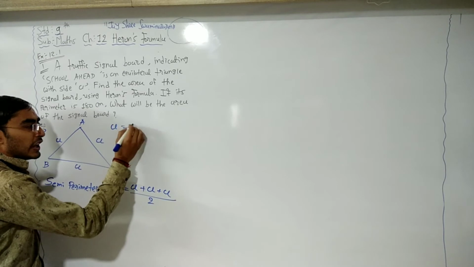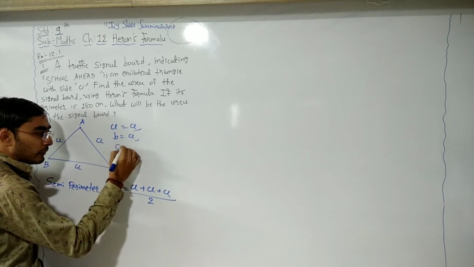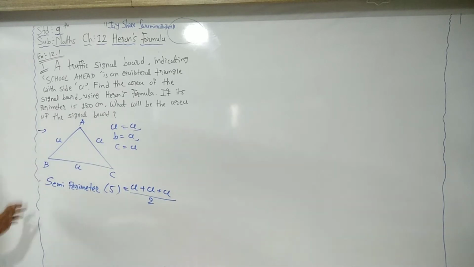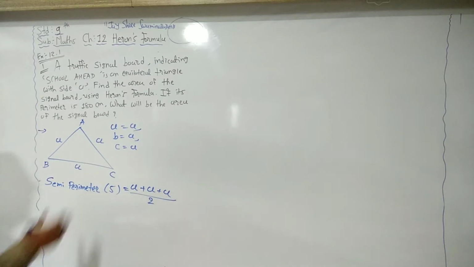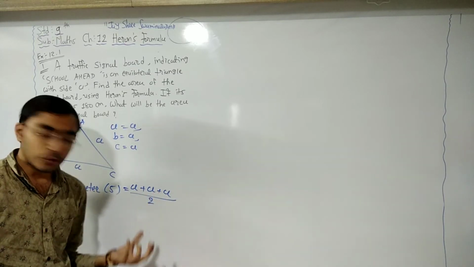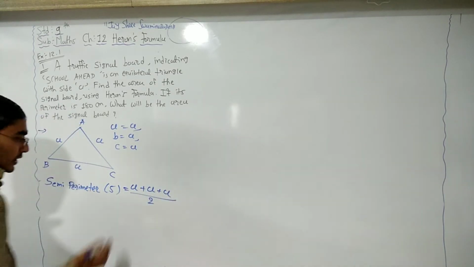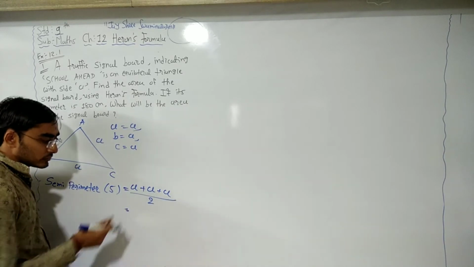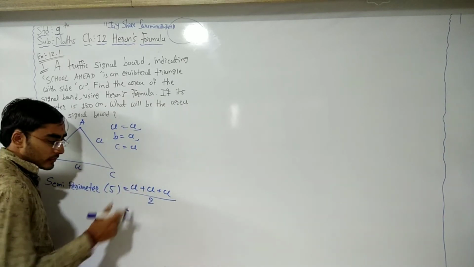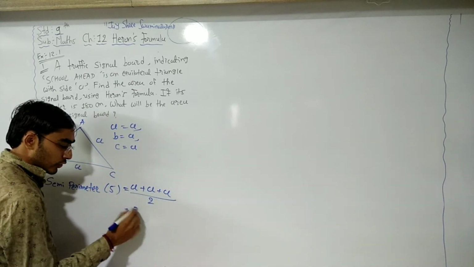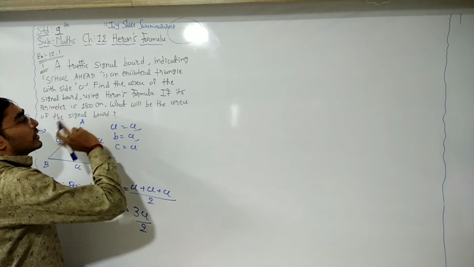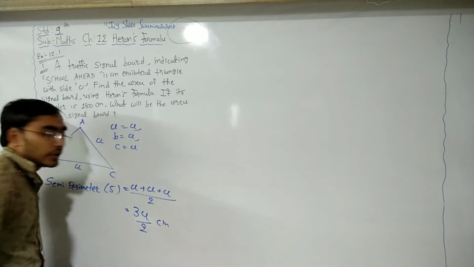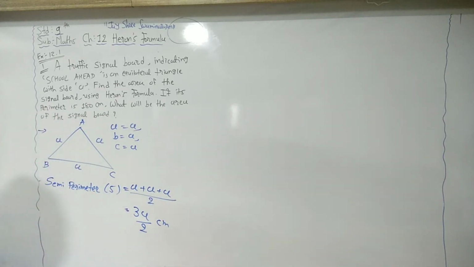Here the value of a is a, b is also a, and c is also a, because all sides are the same in an equilateral triangle. So the formula a plus b plus c by 2 gives a plus a plus a, which is 3 times a, so 3a divided by 2. The unit is centimeter, so 3a by 2 centimeter is our semi-perimeter S.